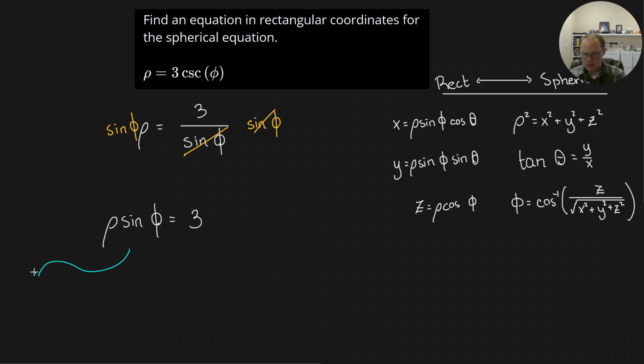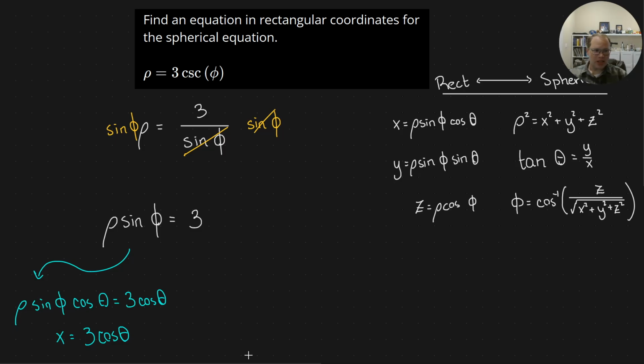Well, let's try it. So I'm going to multiply both sides of the equation by cosine theta. Now that is great for the left-hand side of this equation because rho sine phi cosine theta is x. And so I get x equals 3 cosine theta.